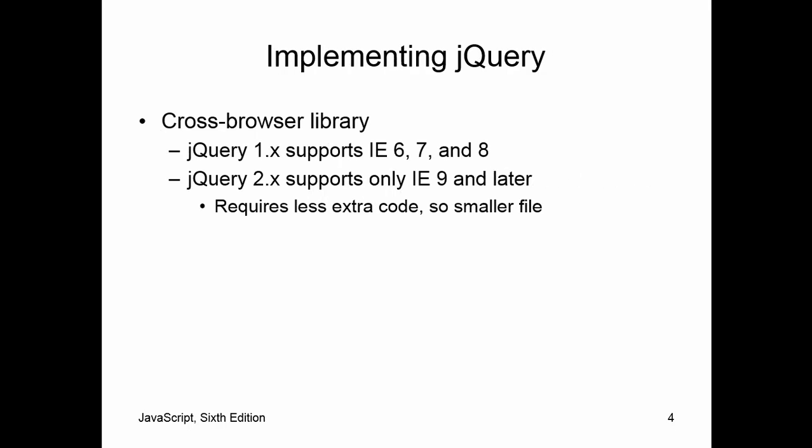Now, this slide is old, and I'm going to show you what I mean by that in just a minute. In the past, there was only jQuery 1 dot whatever and jQuery 2 dot whatever. Notice that jQuery 1 dot, if you chose that, supported the older versions of IE, in other words IE 6, 7, and 8, where jQuery 2 dot only supports IE 9 and greater.